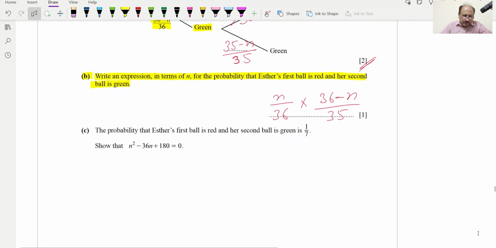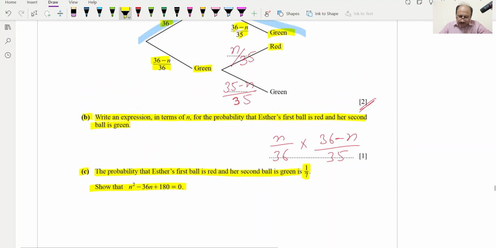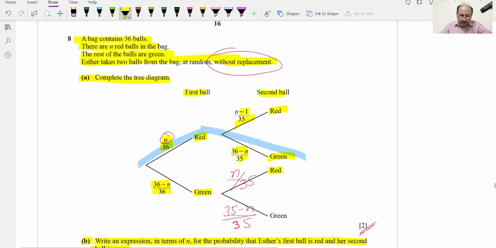Now for the C part, the probability that Esther's first ball is red and her second ball is green is 1 by 7. So show that this is equal to this. So first ball is red and second is green. So that will be which option?